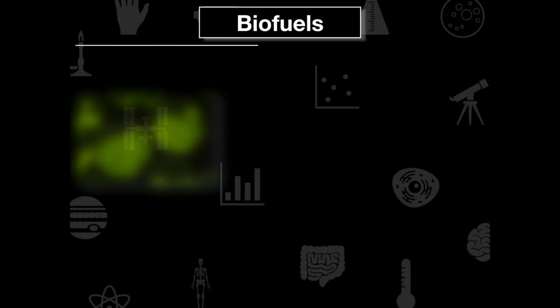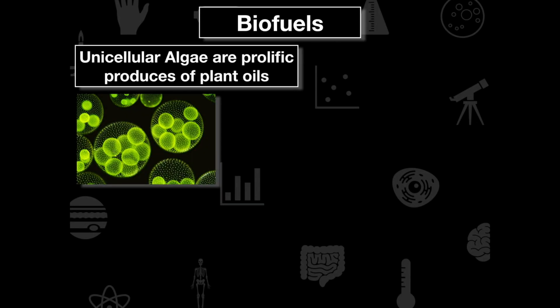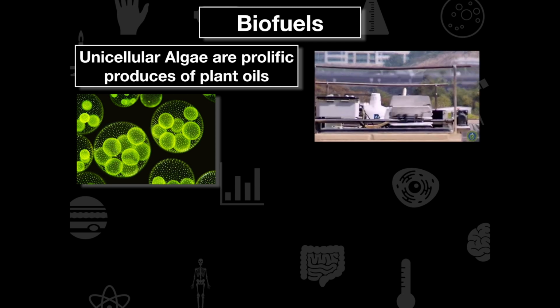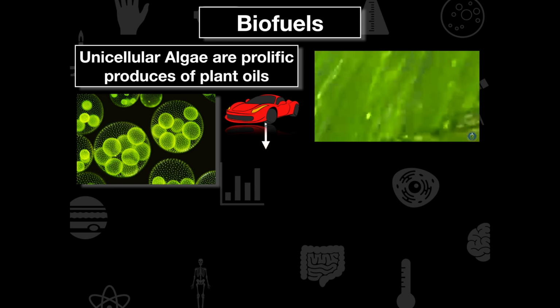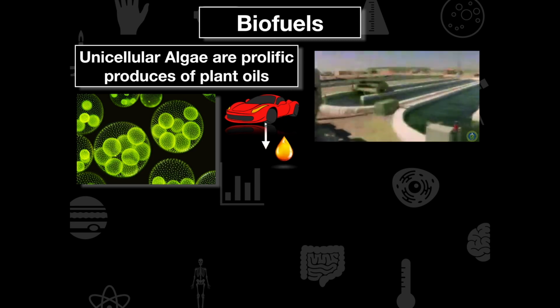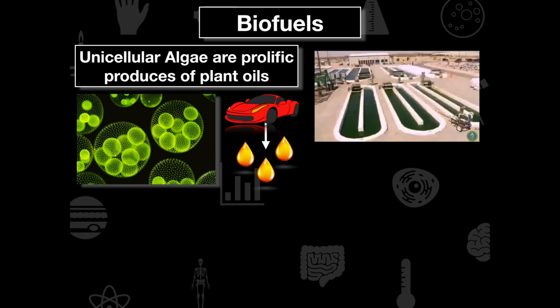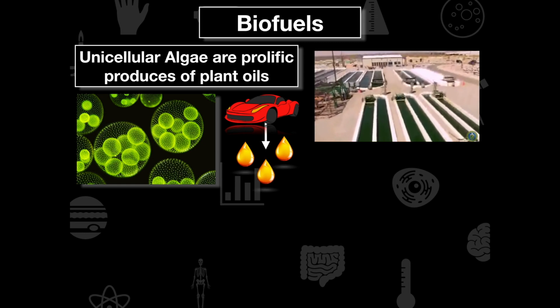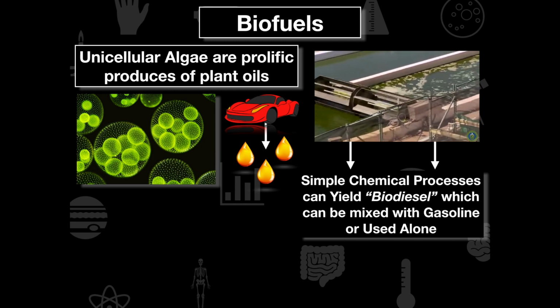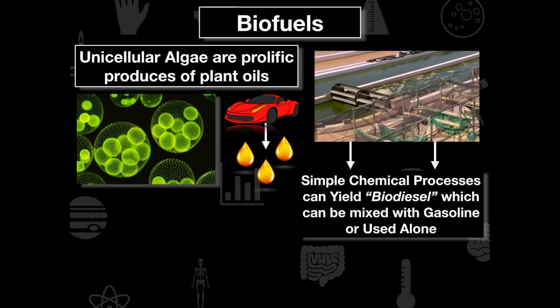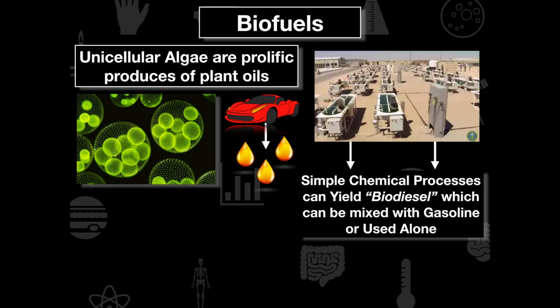Now, when we think about this, we can harness this energy for our own use. Unicellular algae are going to be really prolific producers of plant oils. Now, cars and automobiles and the way that we get a vast majority of the electricity in the United States is via oils. And simple chemical processes can yield what we call biodiesels, which can be mixed with gasoline or used alone as fuel.